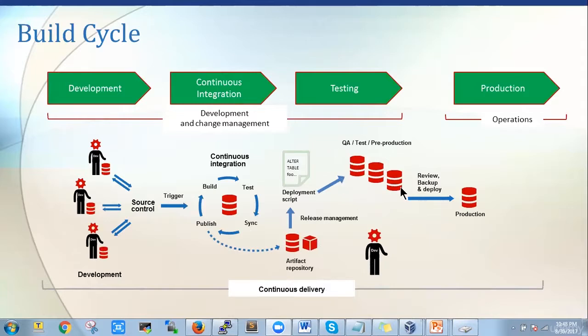And if this works fine, we can use that deployment script to deploy to our production environment. And once the production environment runs well and is a success, we are going to release it into operation.